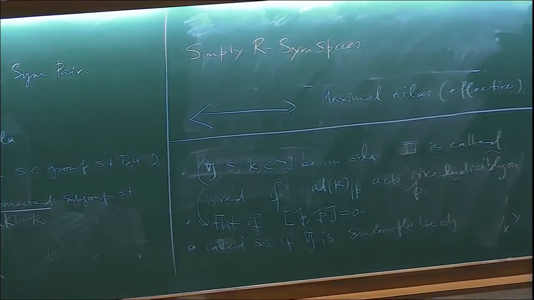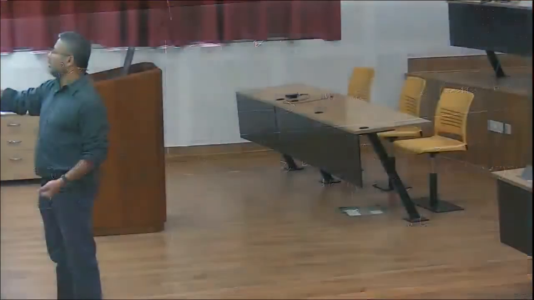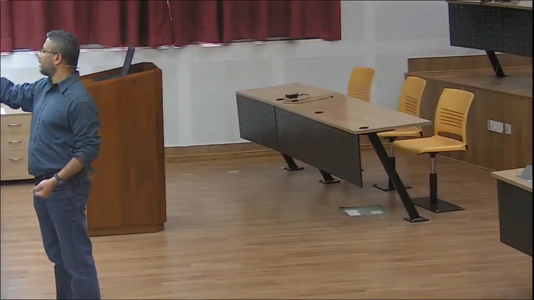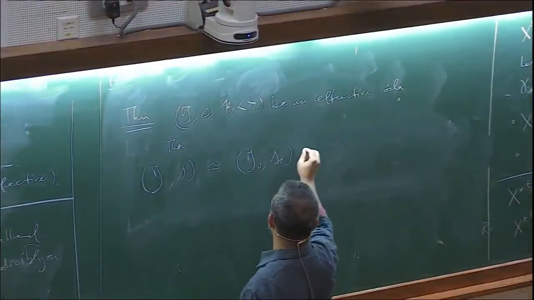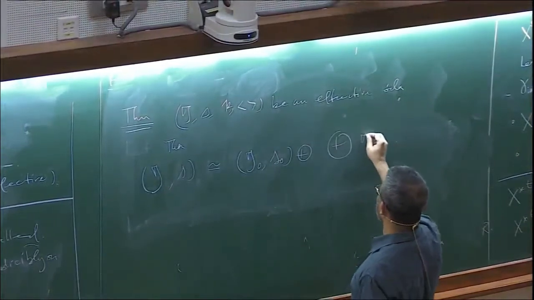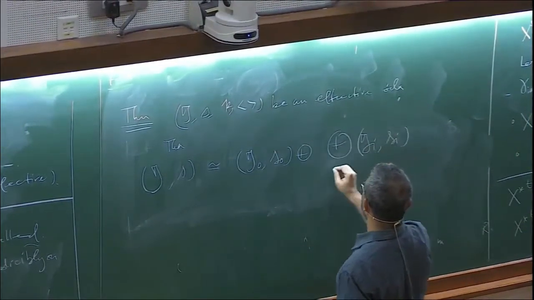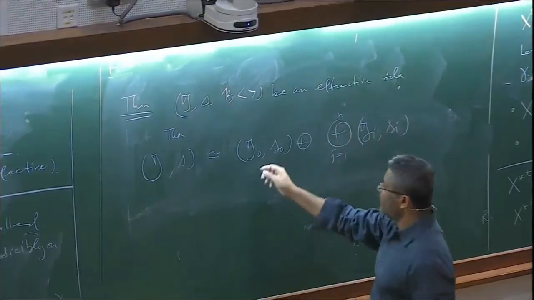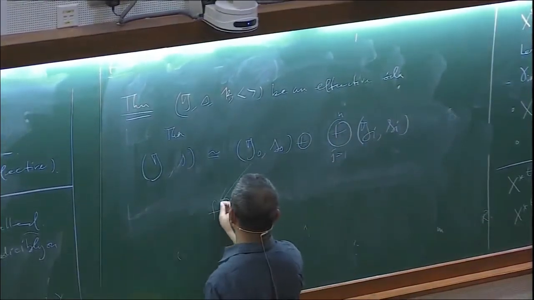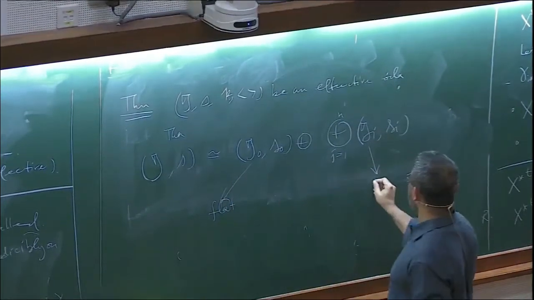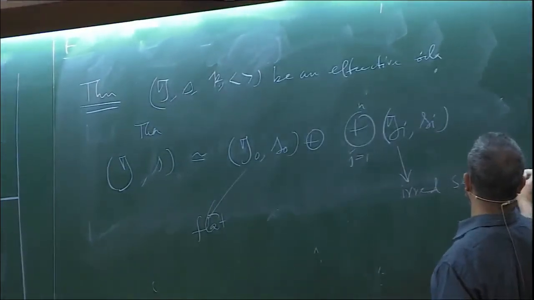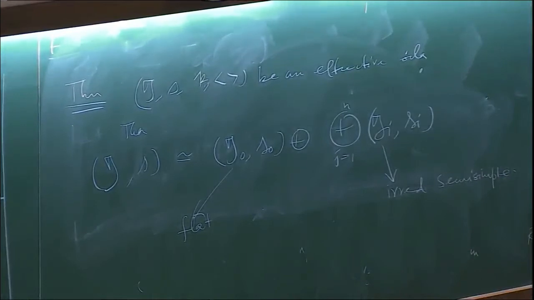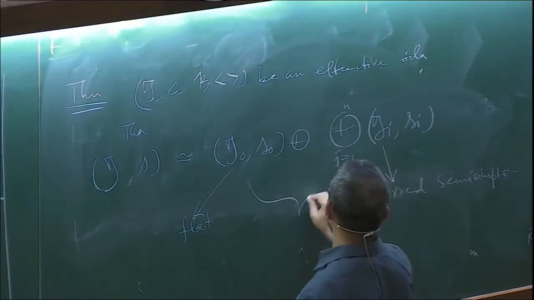Okay? So here is the classification of effective OILA. So (G, S) in the appropriate sense is isomorphic to (G0, S0) direct sum (Gi, Si), i running from 1 to n, where G0 is flat and these are irreducible semi-simple. And these are all ideals.